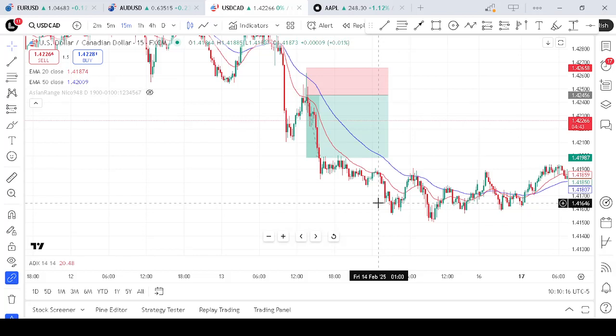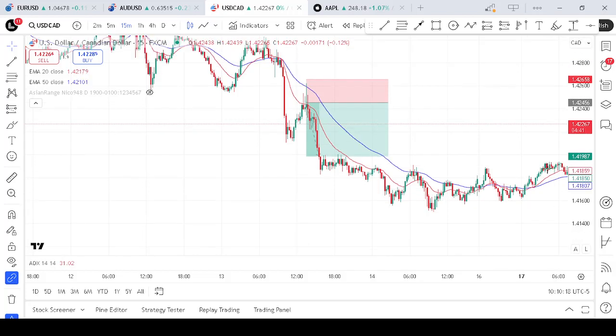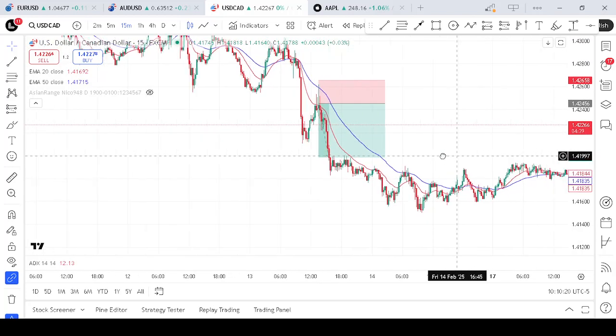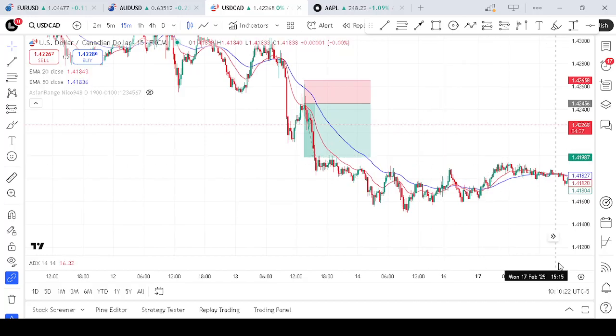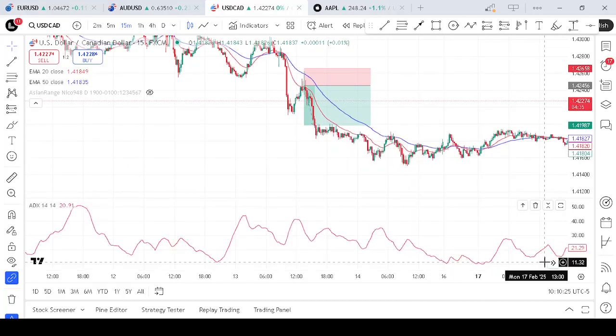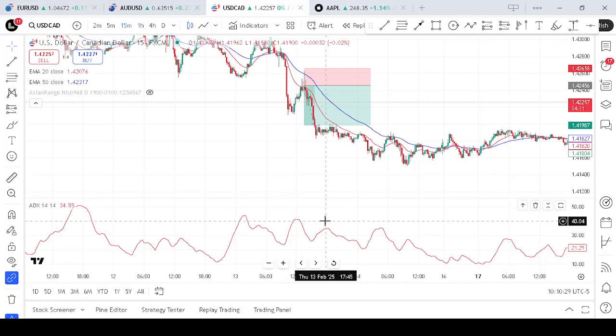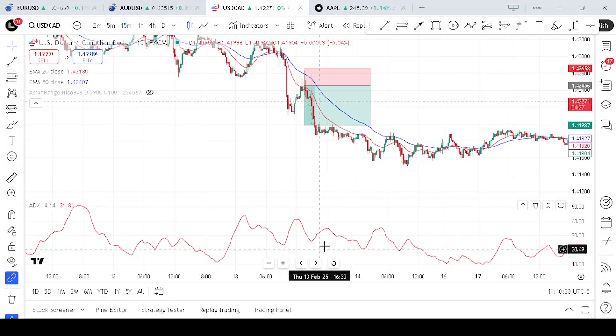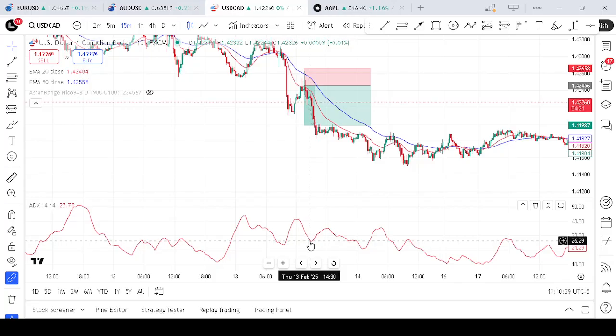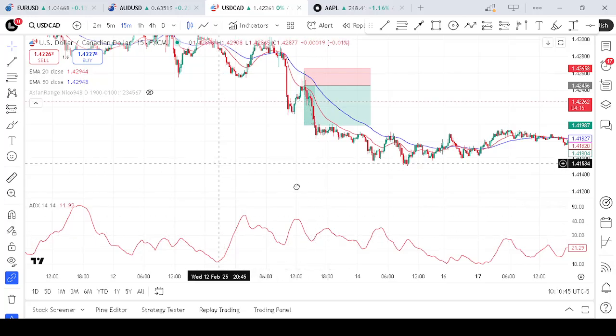One way we can do this is by making use of our Average Directional Index. Our Average Directional Index, when it has a reading above 25, typically indicates a strong trend. So when we look at this area and we see it has a value reading above 25, it shows an uptrend.